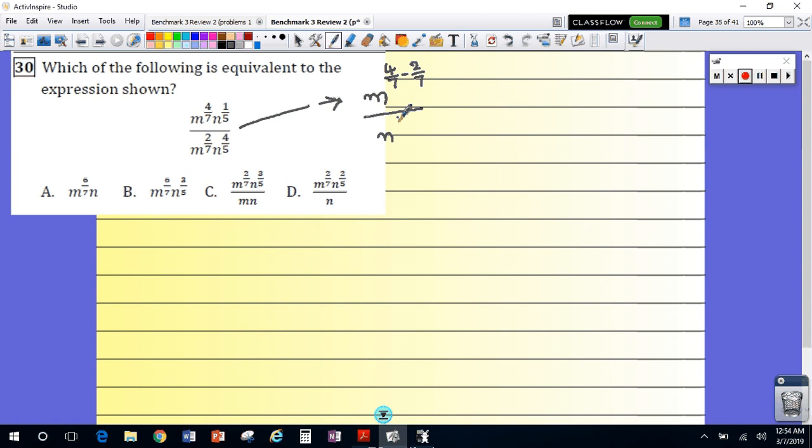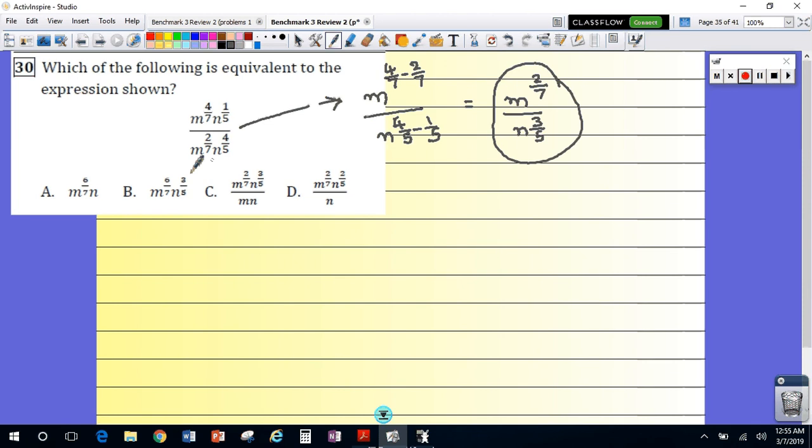I can write this as 4 over 5 minus 1 over 5, which equals m to the exponent 4 minus 2, that is 2 over 7, divided by 4 minus 1, that is 3 over 5.